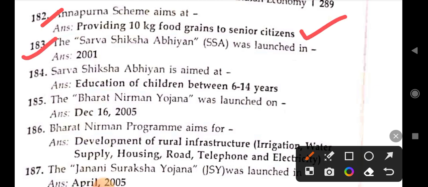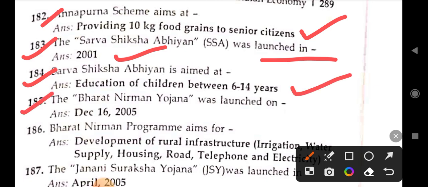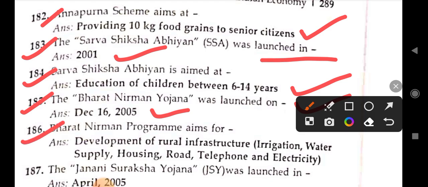The Sarva Shiksha Abhiyan, SSA, was launched in 2001. Sarva Shiksha Abhiyan aims at education of children between 6 and 14. The Bharat Nirman Yojana was launched on 16 December 2005. Bharat Nirman aims to develop rural infrastructure like irrigation, water supply, housing, roads, telephone and electricity.